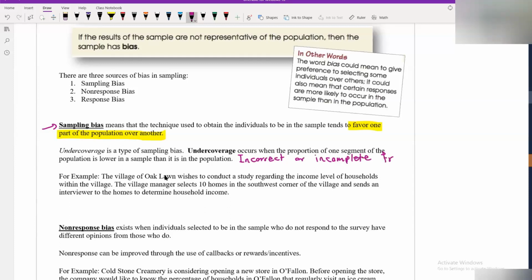What frame is our population. And that can lead to under coverage.